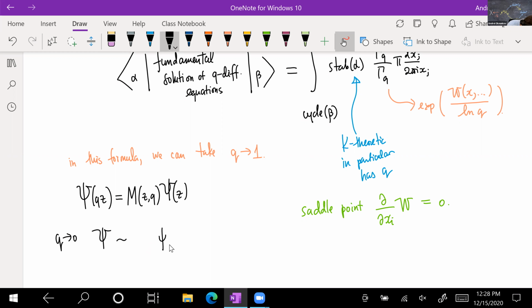First I have to get an eigenvalue of this matrix, so this vector psi better be an eigenvector of the matrix M at z, q equals 1, and then there will be something like the exponential of 1 over log q times the integral of the eigenvalue lambda i. This is the eigenvalue.